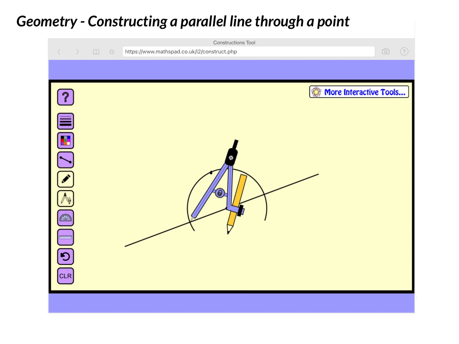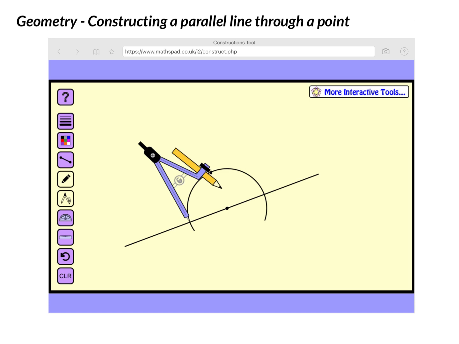Now, I want to measure the distance, unlock the compass, between the intersection point and my original point that I'm interested in. I'll lock that, and I'm going to just draw a little arc with that distance, okay?